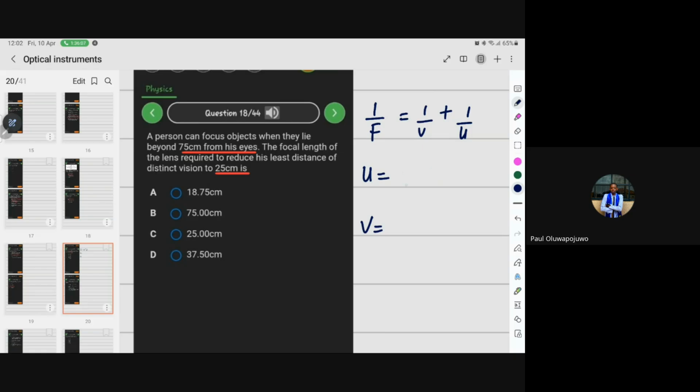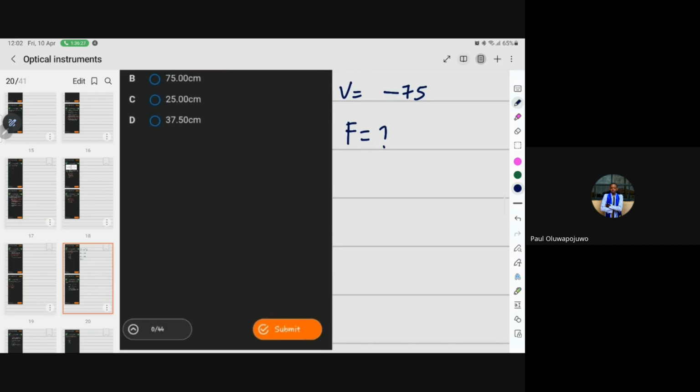So our u now, which is the object distance, is going to be minus 25, right? Then v, the image distance, is going to be minus 75. Then we're looking for the focal length, the focal length that will give us what we seek. Now, let's apply our formula.